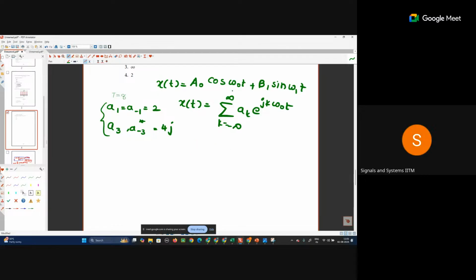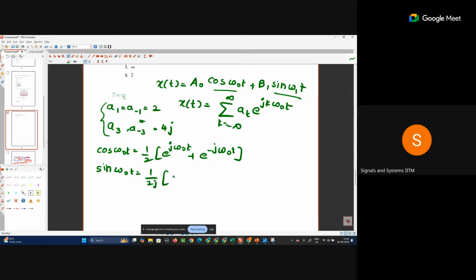We can convert this in terms of cos and sine using the phasor relationship. Cos omega naught t can be represented as half of e power j omega naught t plus e power minus j omega naught t, and sine omega naught t as 1 by 2j times e power j omega naught t minus e power minus j omega naught t.